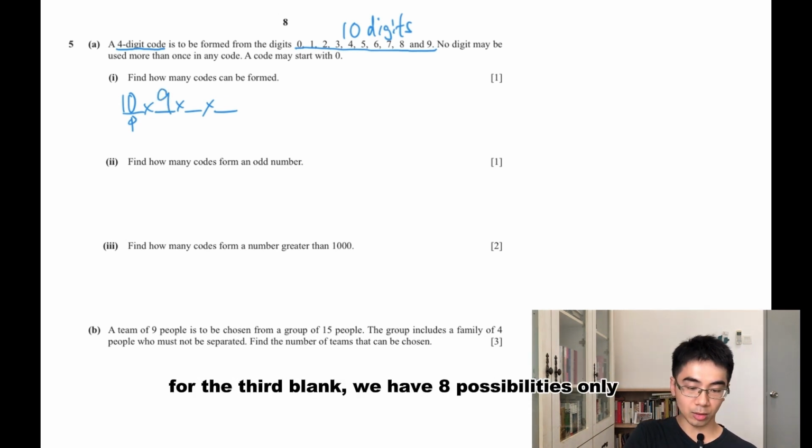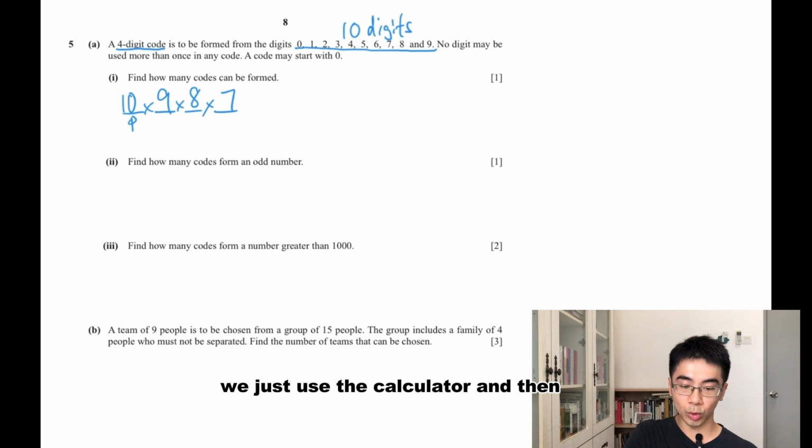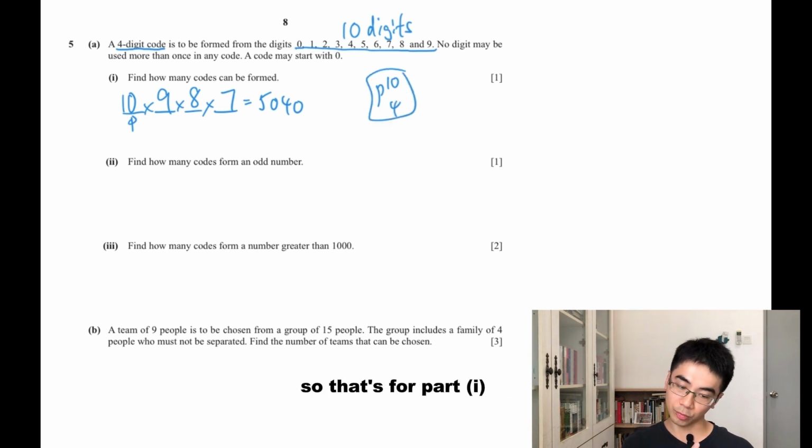Followed by that, the third one we got 8 only, and the last one we got 7. So we just use the calculator and then we can have the answer 5040. Or you can just use P, which is just equal to 10P4, if you understand that. Alright, so that's for part 1.